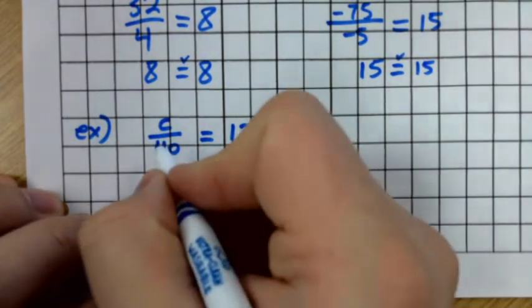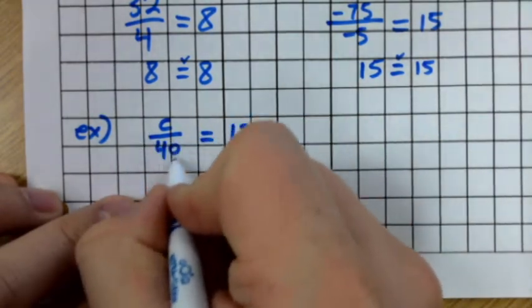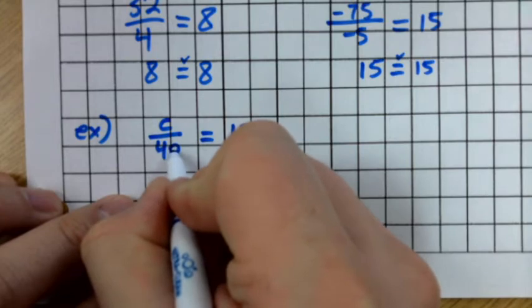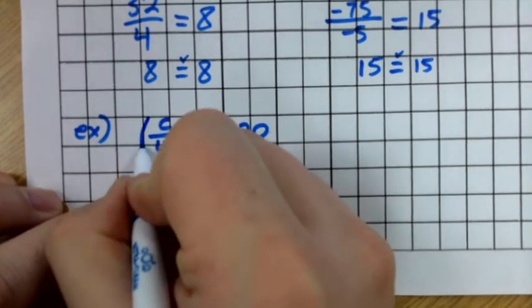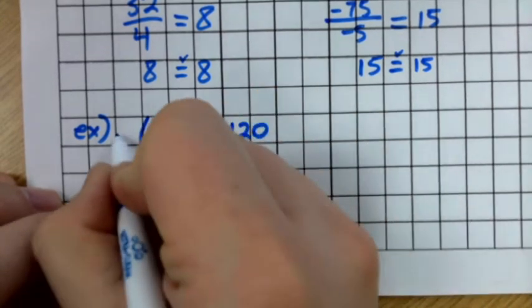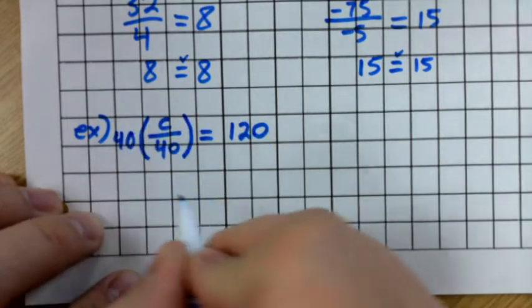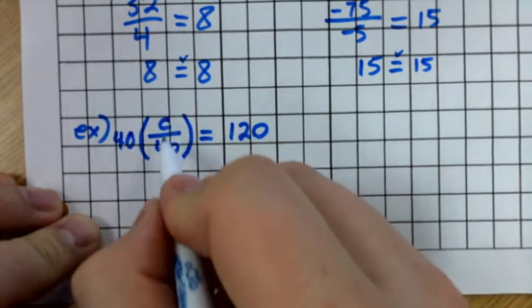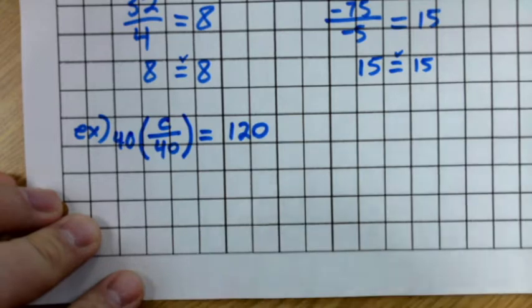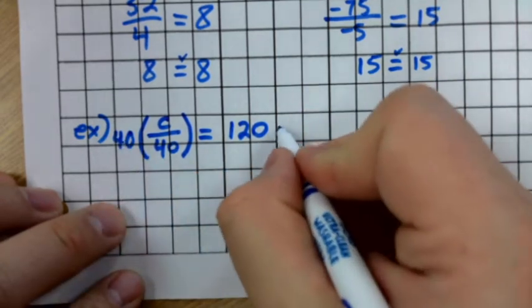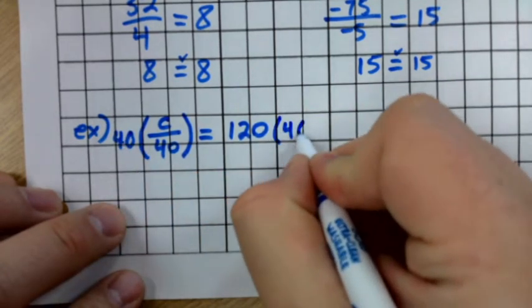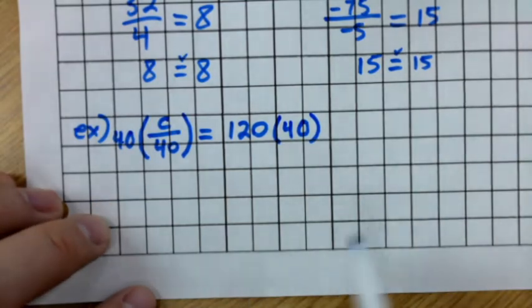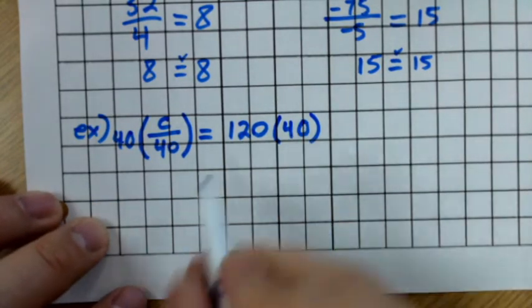So, what do I need to do here? To get rid of this divided by 40, I need to multiply by 40. And the better way to do this is to use brackets and to just write 40 outside. This means 40 times c over 40. And because I have that there, I also need to multiply on this side, so I'm going to put it in like this. Remember, this means 120 times 40.